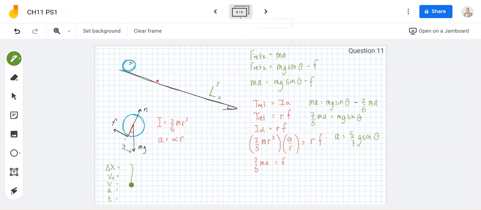So all of these quantities are the same for both, which is a crazy idea.